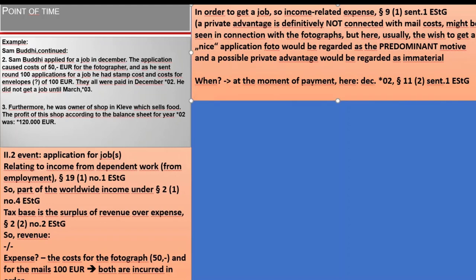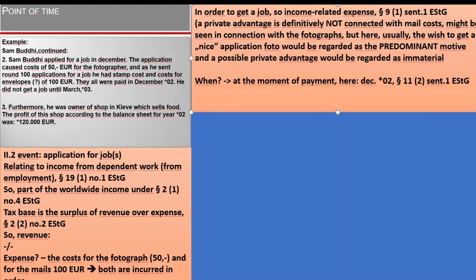There is no economic relation to what happens in the next year. There is no matching principle that the expense must be attributed to the years when the revenue comes. And apart from that, this is not a regular payment or so. So we have here a total of minus 150 euro from income from employment.